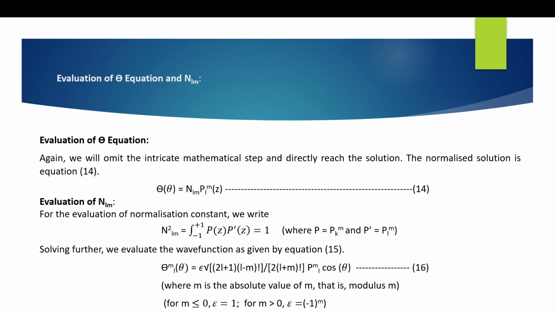The value of the normalization constant is given over here. And using that value, we can write the theta part of the wave function as equation 16. Epsilon value is mentioned.